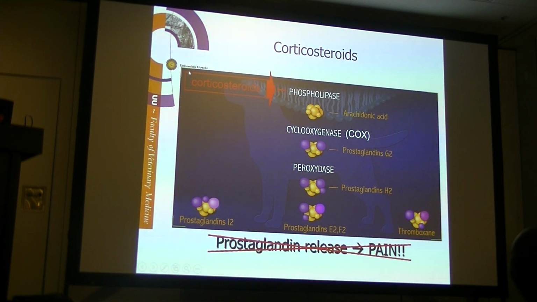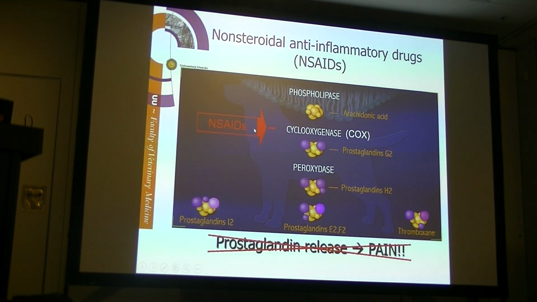So if we give steroids, we inhibit these enzymes, which will decrease the production of PGE2. And the NSAIDs, the non-steroidal anti-inflammatory drugs, inhibit these enzymes, the COX enzymes, which will also lead to less PGE2.